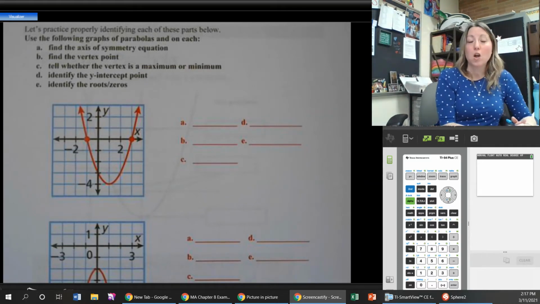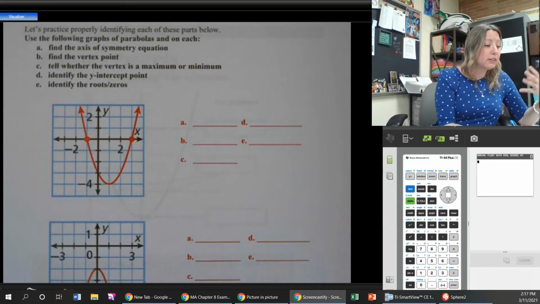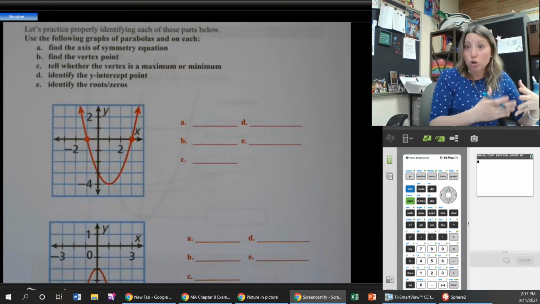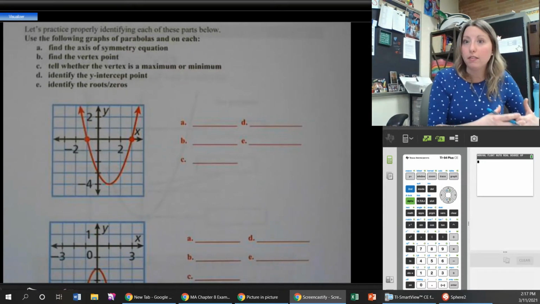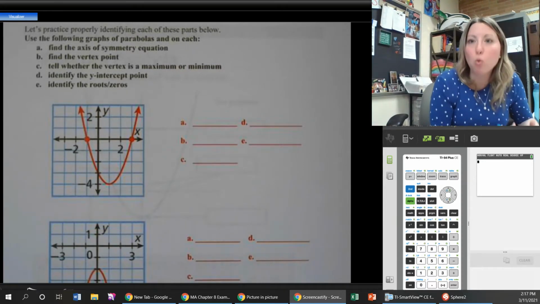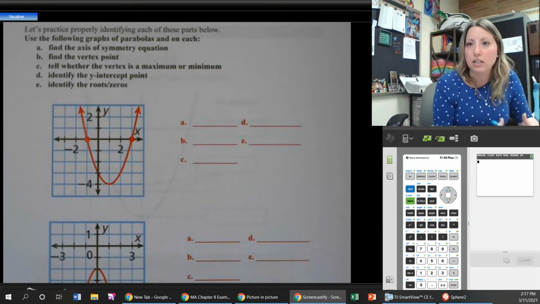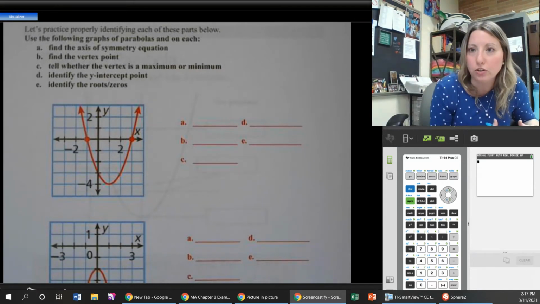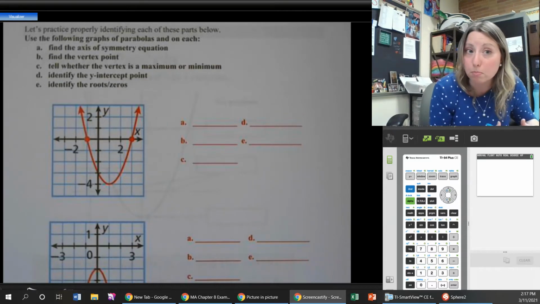Okay. So, as I stated on the first page, the axis of symmetry is a vertical line that cuts the parabola in half. It's a line. Lines have equations. Since it's vertical, it's always an x equals wherever it touches the x-axis, and that's it. That's the equation part of this.